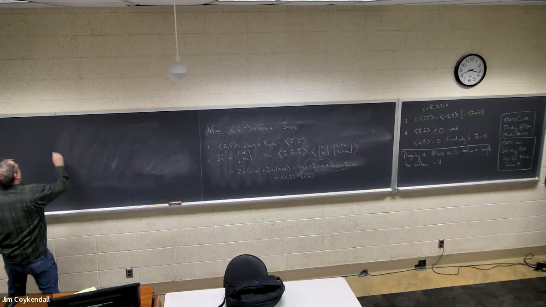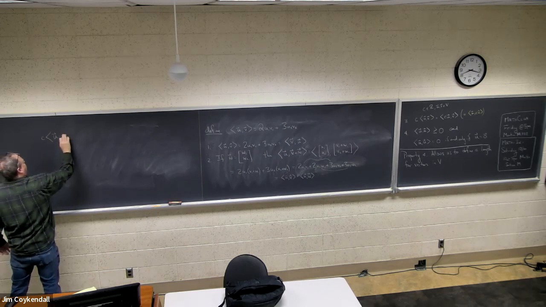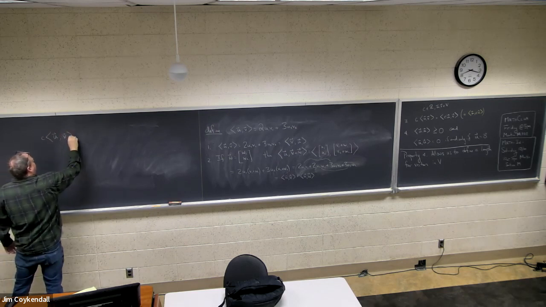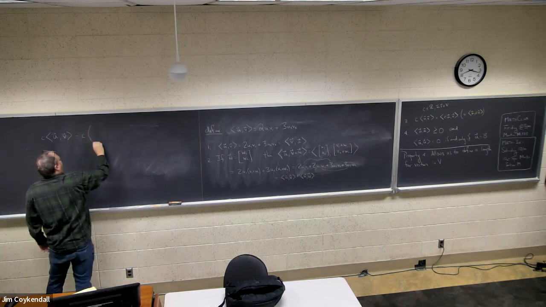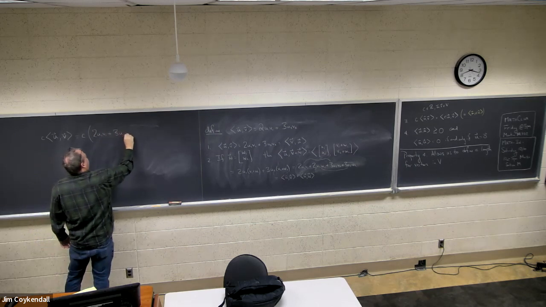So 3, so we can see this is a constant times 2 U1 V1 plus 3 U2 V2.